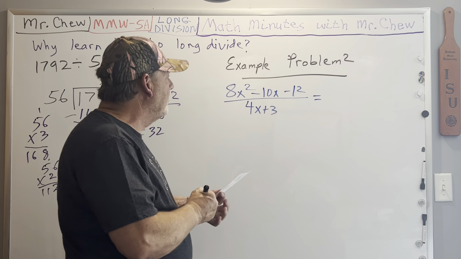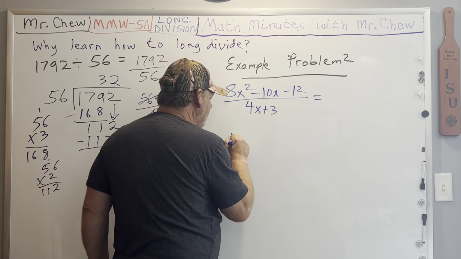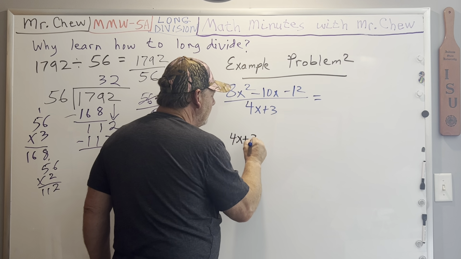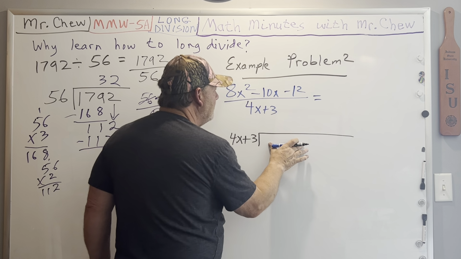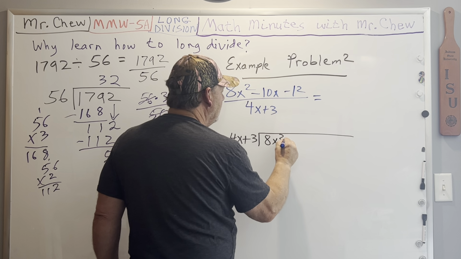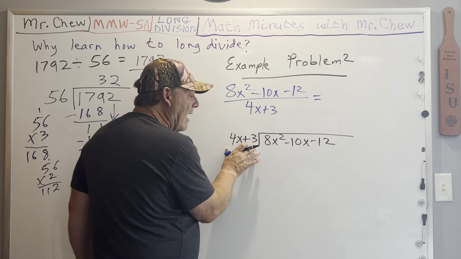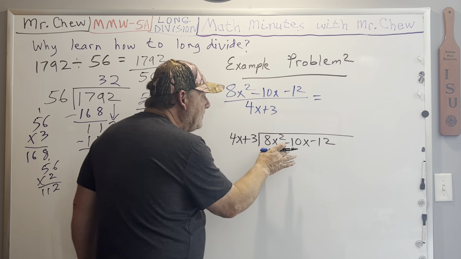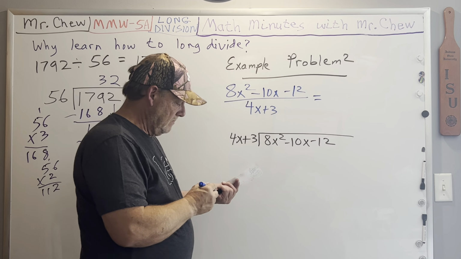So what do we do here? We just have to take this divisor, write it outside of this division bar, and we write this polynomial inside. So this binomial is being long divided into this trinomial.